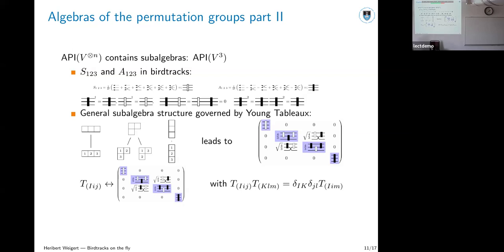For Sn, you always have precisely n boxes that you can put into a Young diagram. And Young tableaus you get from labeling those, and you are only allowed labelings with integers from 1 through n, and the integers can only grow as you go from left to right, and they can only grow as you go from top to bottom in a column. That gives you a calculable number of Young tableaus, these are the numbered diagrams.